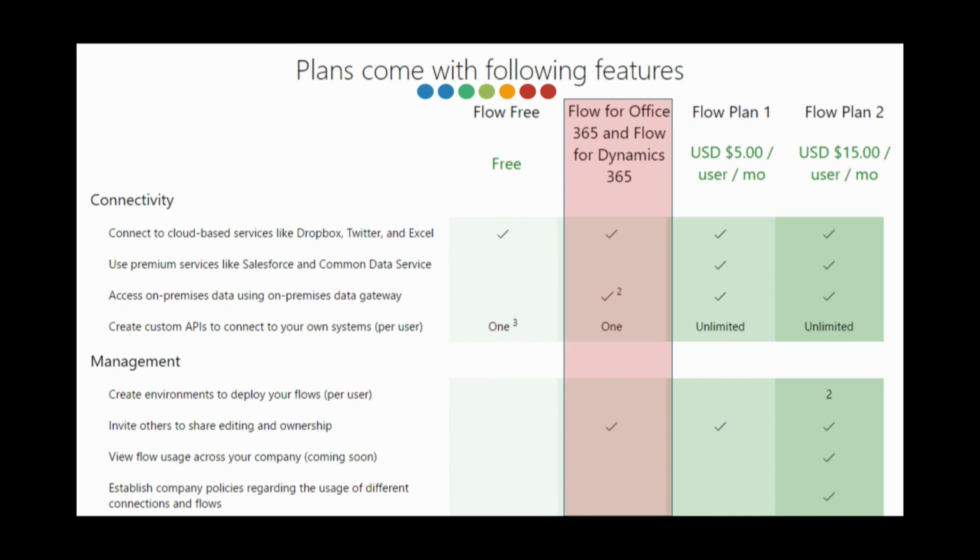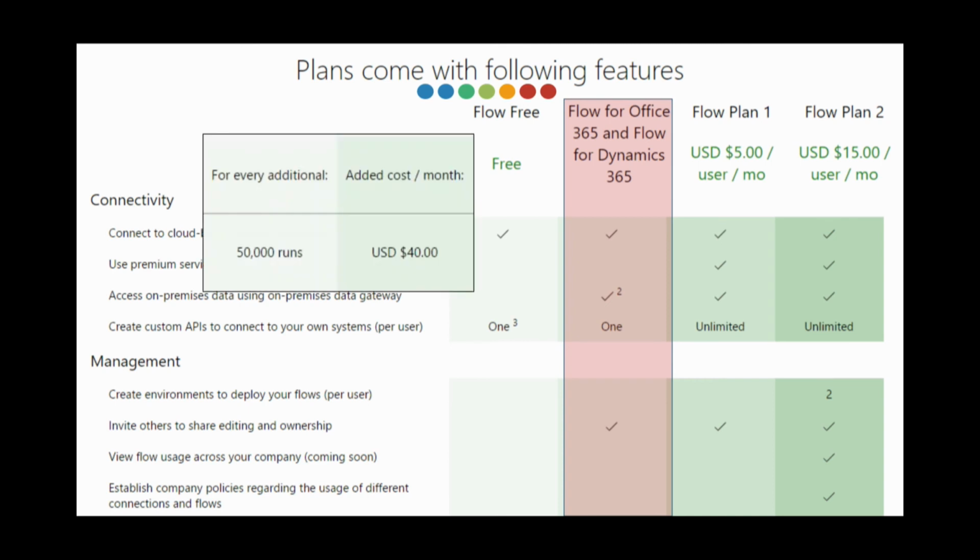That's automatic. So if you have 10 users in Office 365, 10 license, then you can use 20,000 run. Okay? That's a good news. And if you want to buy more run, it's not that expensive. You just pay $40, which is actually almost 40 euro in Europe, and you get 50,000 additional run, which is actually fair. Okay?